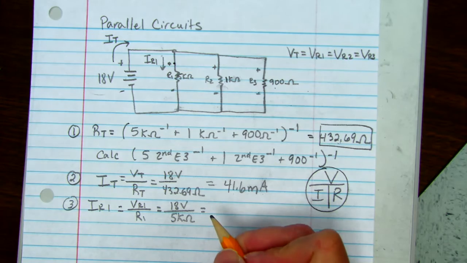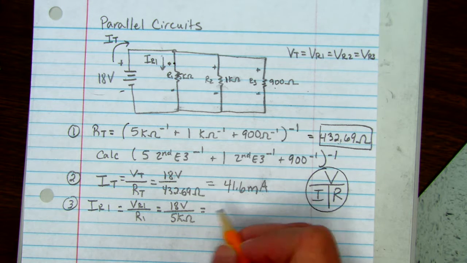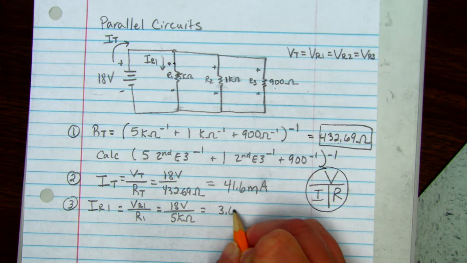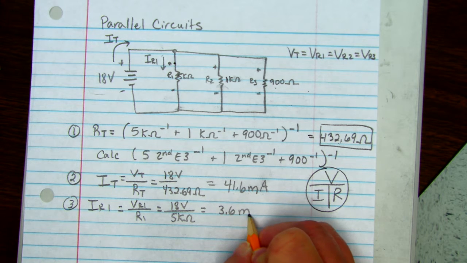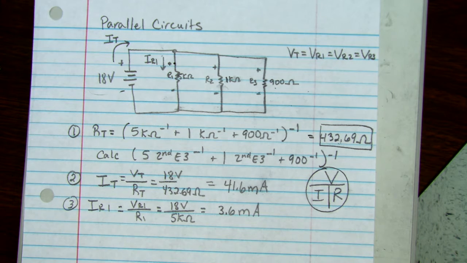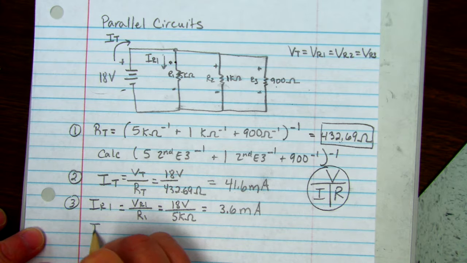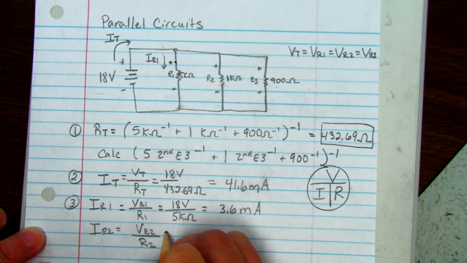When I put that in my calculator, 18 volts divided by 5 k ohms, that's going to be 3.6, and it'll say E negative 3. That E negative 3 means milli, and my unit for current, again, is amp. When I solve for IR2, it's going to be the voltage at resistor 2 divided by the value of resistor 2.